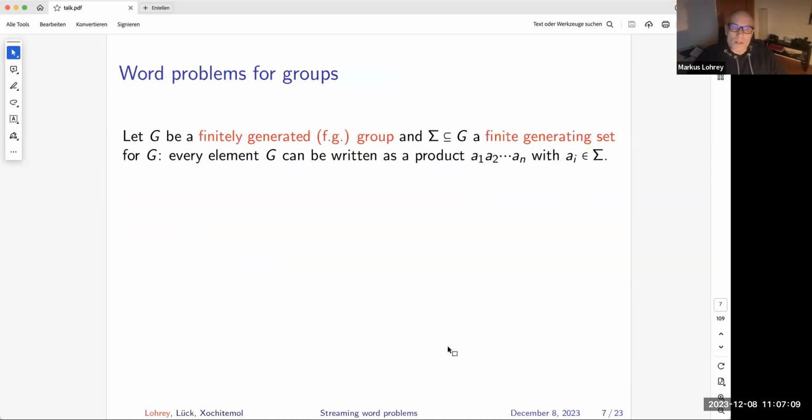Okay. So now let's come to groups. So this was about streaming algorithms, and here I can be probably a little bit faster. So the setting is the standard one. We have a finitely generated group. Sigma is the set of group generators, and that means there is a surjective homomorphism phi mapping words over the alphabet sigma to group elements, the evaluation homomorphism.